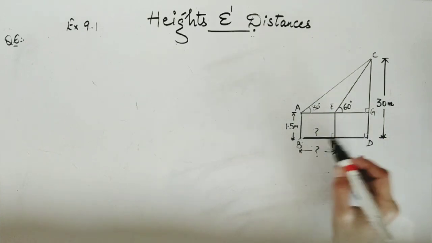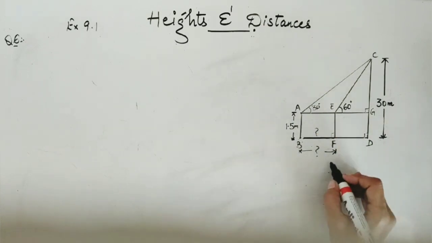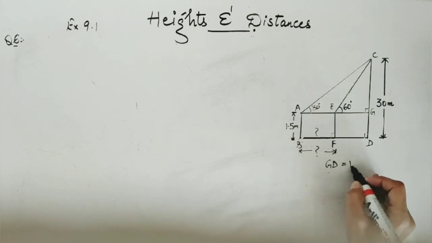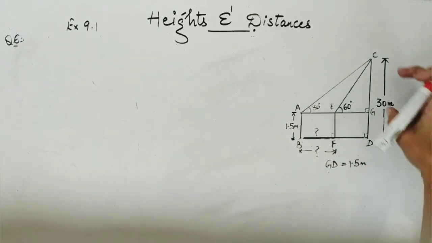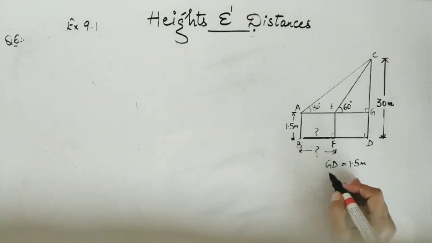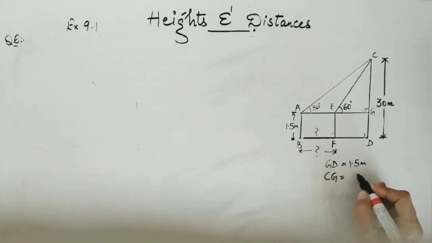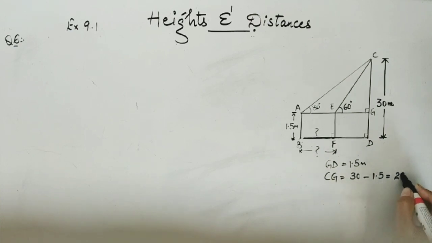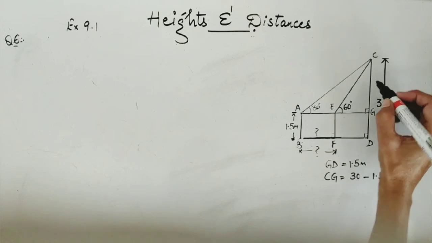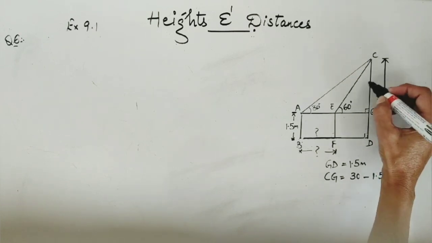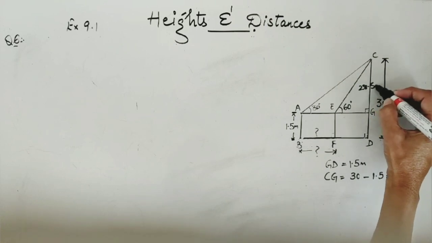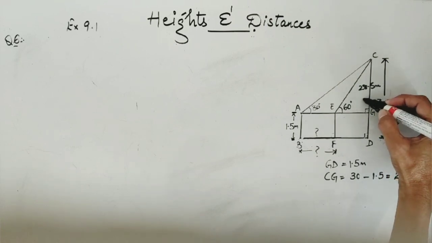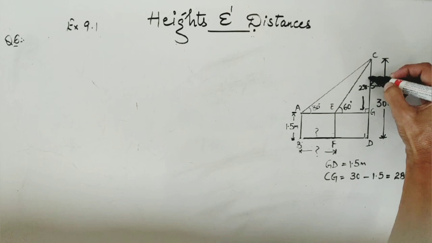So if AB is 1.5, GD would be 1.5 and CG would be 30 minus 1.5, which is 28.5 meters. So we would be taking this as 28.5 meters.